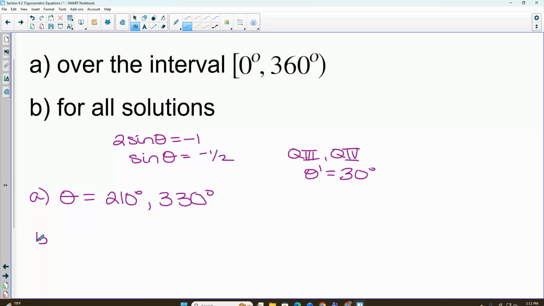I also asked for all possible. How do you get all possible? Add 360k to each of them.